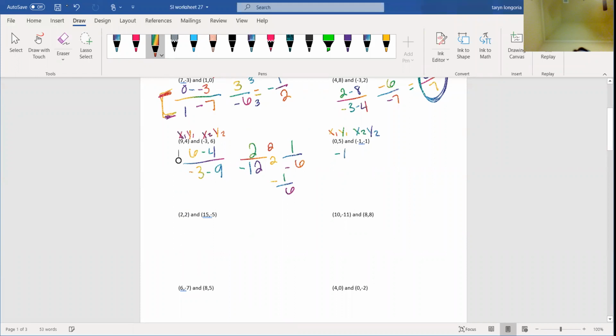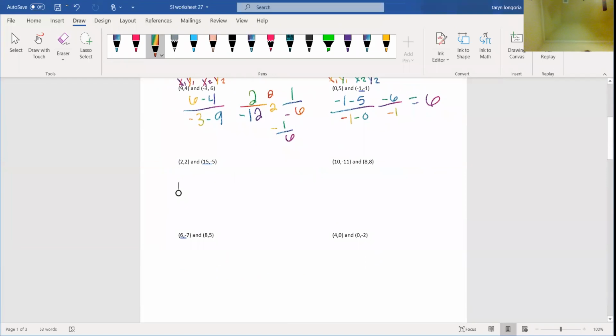So -1 minus 5 and -1 minus 0. That's -6 over -1, so it will be 6. Next, -5 minus 2 and 15 minus 2, which is 13 and -7, so your slope would end up being -7 over 13.